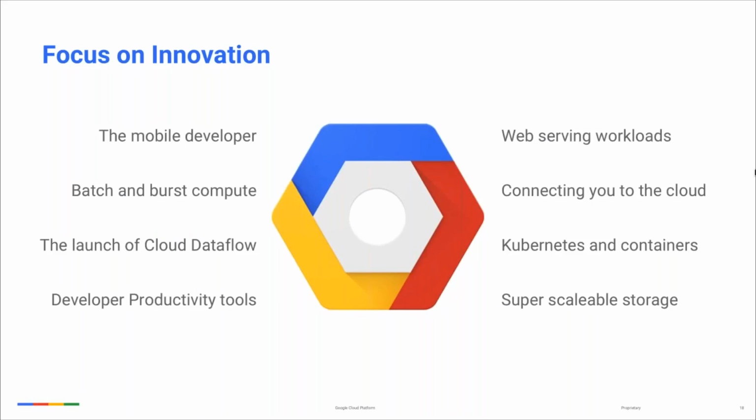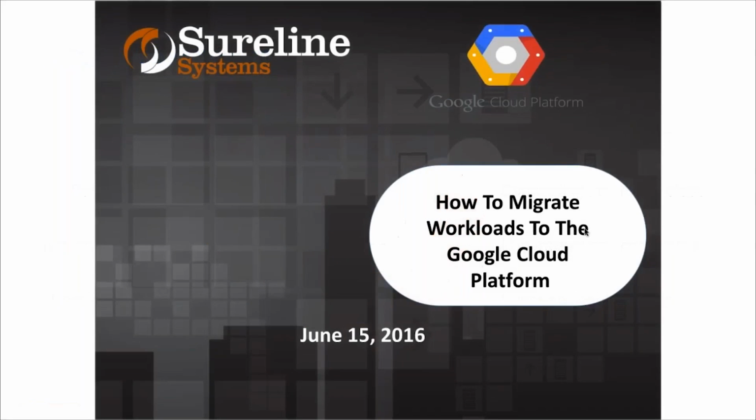They have super scalable storage all the way from SSD to object. They have transparent maintenance periods, and they say they have the most powerful software-defined network on the planet. So there are many benefits to looking at Google, but according to Google, you should look at the tremendous innovation they're doing, really cutting-edge stuff in the world of cloud computing.